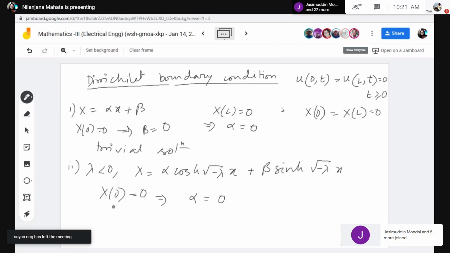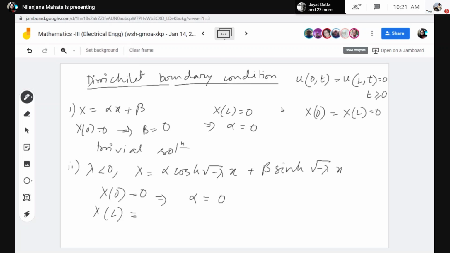You just have to put the value, and X(L) is equal to 0. Since alpha is already 0, I will put beta sine hyperbolic of this is equal to 0. Since this term is not 0, it implies beta is equal to 0. So this is trivial.